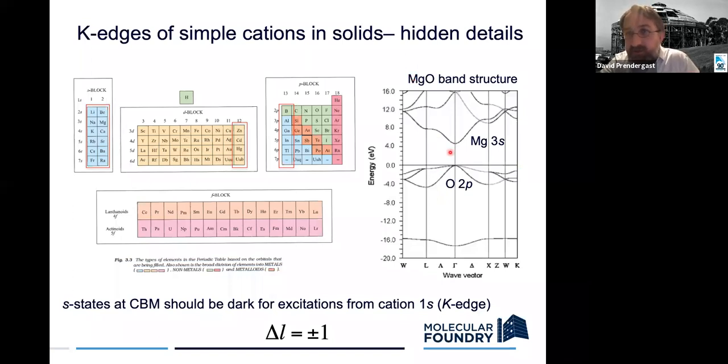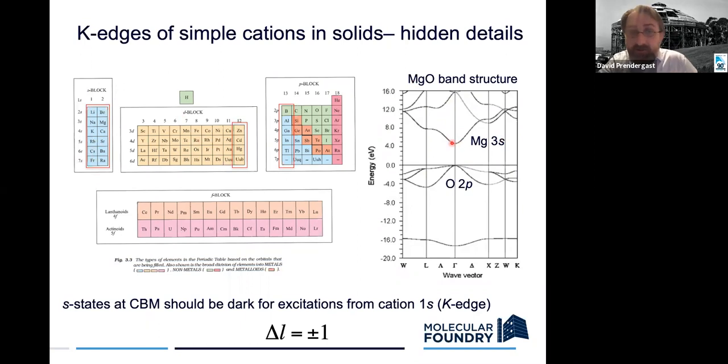So by definition, the first unoccupied states would be cationic states. In magnesium oxide, the first empty orbitals would be magnesium orbitals. And based on their electronic structure, if they're from the far left-hand side of the periodic table, not transition metal atoms, not open shell, more often than not, these first excitations will have S character.